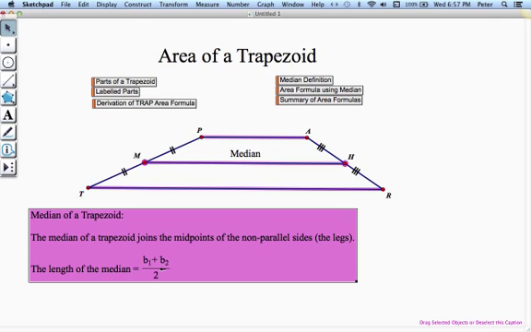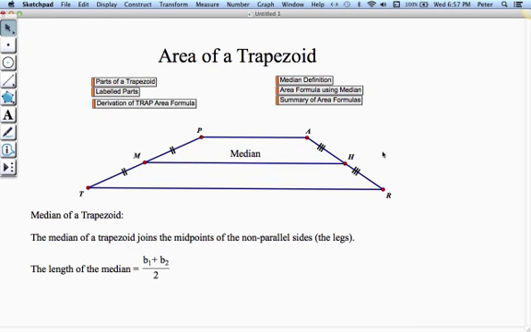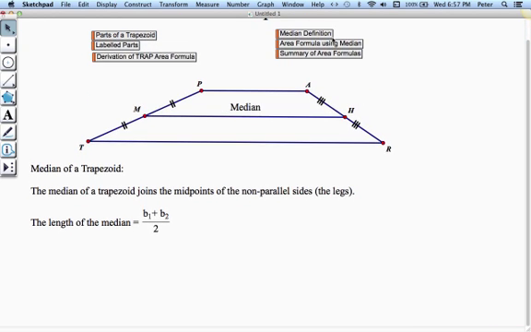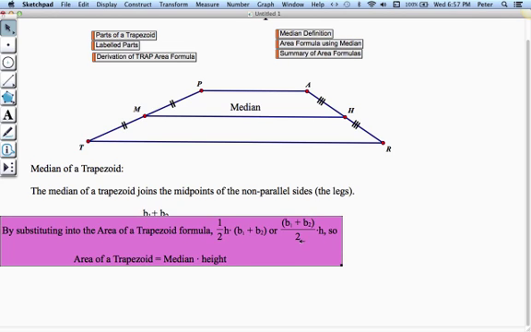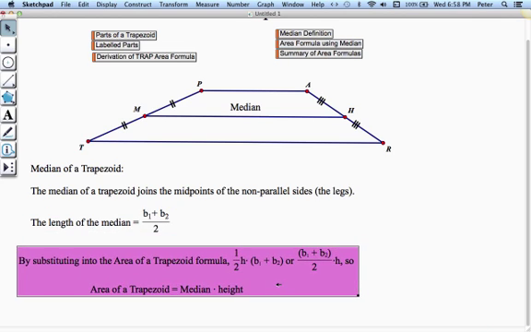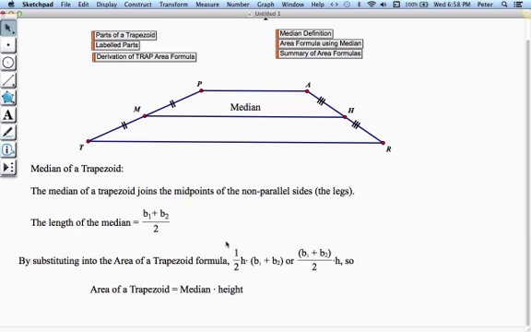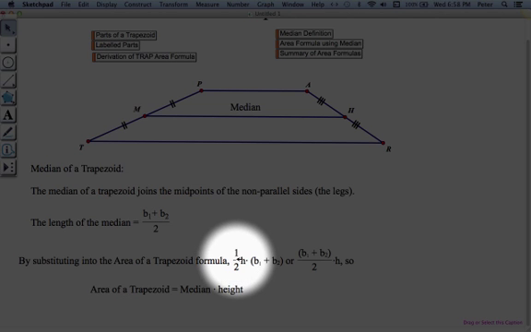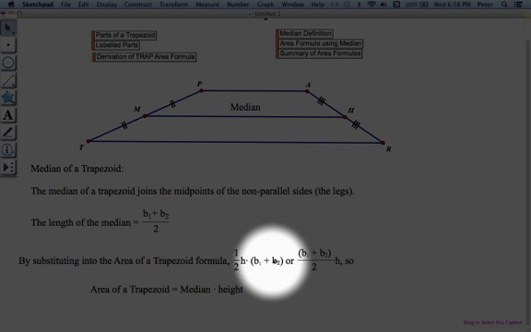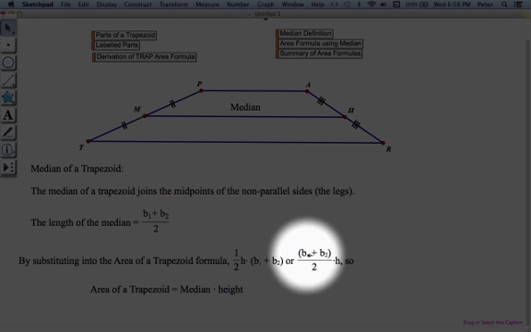Now, how does that play into the area of a trapezoid? Well, let's take a look at the formula for the area of a trapezoid when we bring in the median. Because you'll recall that from what we just saw, the area of a trapezoid is 1/2 height times b1 plus b2, or it's sometimes written as b1 plus b2 over 2 times the height.